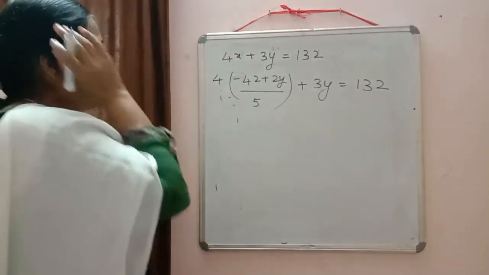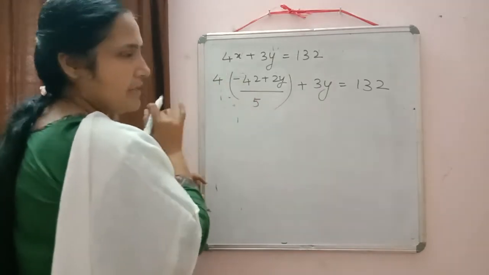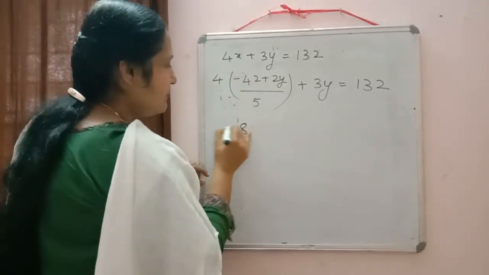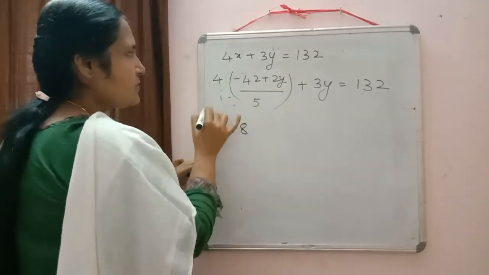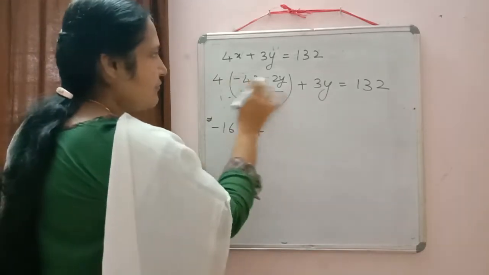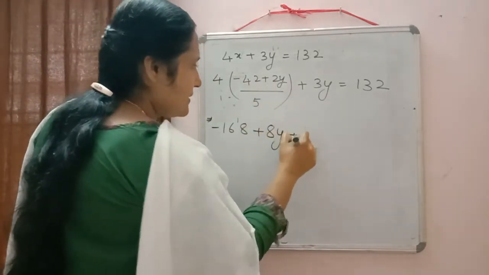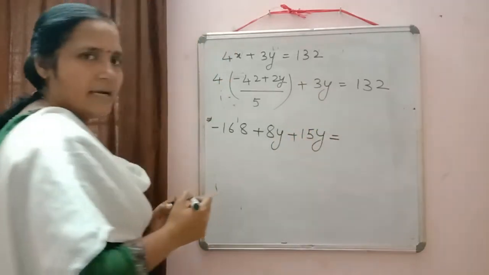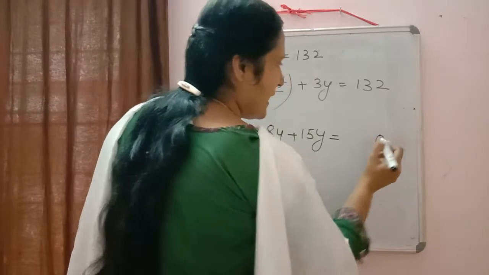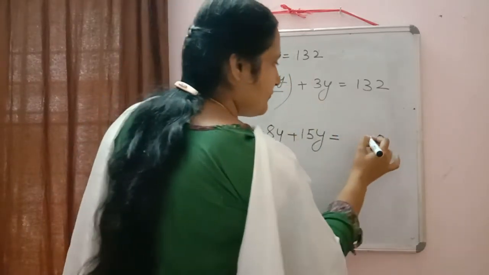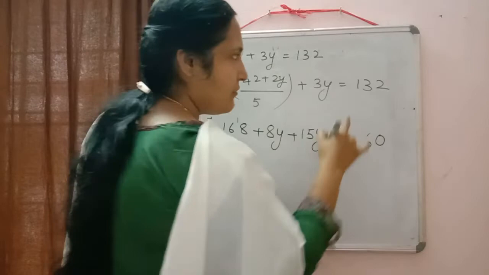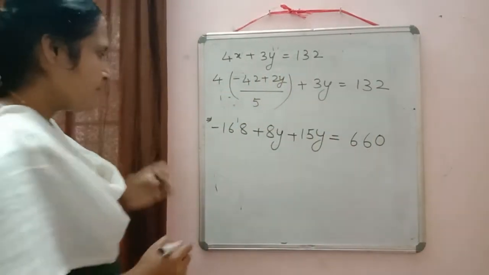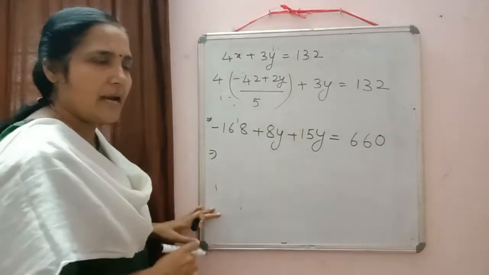So 4 into 5, and 5 will get cancelled, so 4 gets multiplied inside. 4 2s are 8, 4 4s are 16: minus 168 plus 8y. Plus multiplying by 5: 5 3s are 15y is equal to 5 2s are 10, carry over 1, 5 3s are 15 plus 1 16, carry over 1, 5 1s are 5 plus 1 6. We are getting 660.